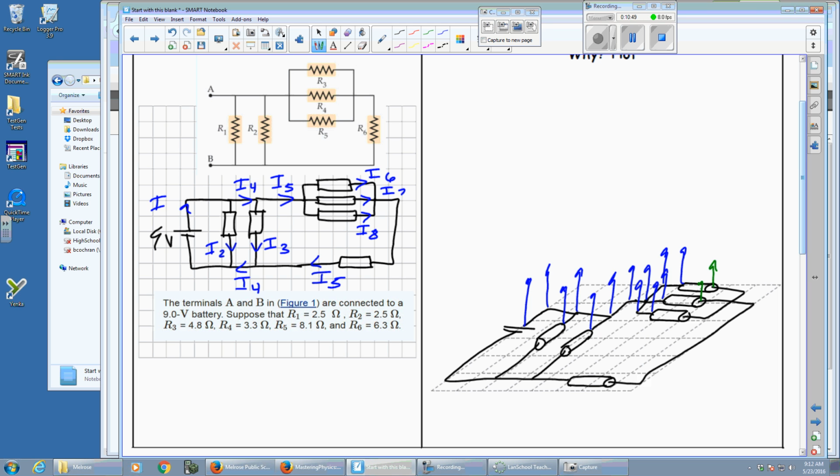And then all of these are at a lower voltage, and then all the rest are at 0.